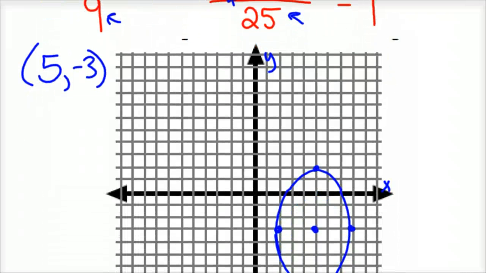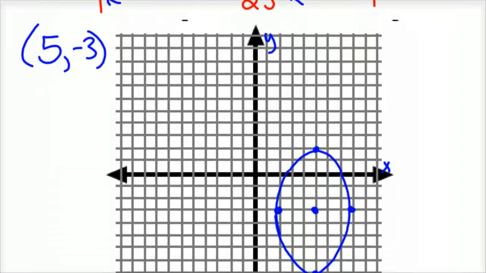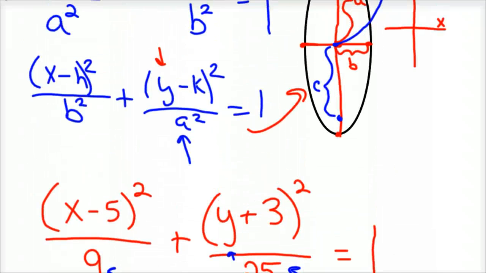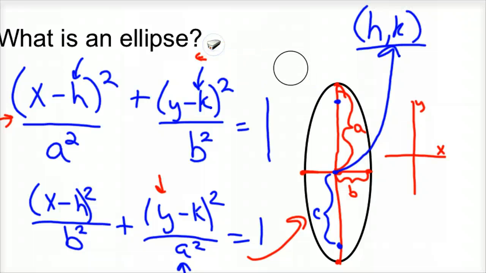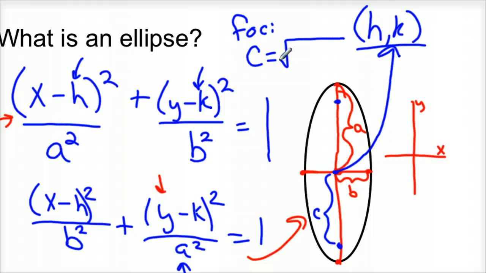The major thing to look for is the foci. Now to find the foci, going back to the original, h, k is my center, and a and b are my major and minor axes. The distance to my foci, at least from the center, we're going to call that c, and that distance is the square root of a squared minus b squared.